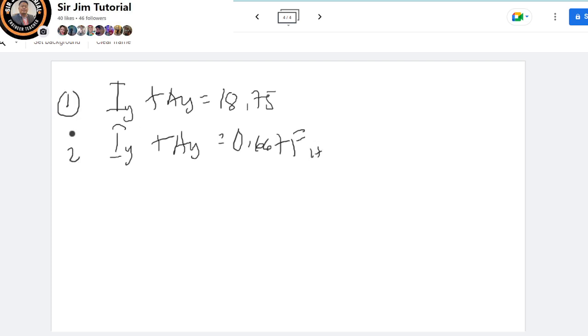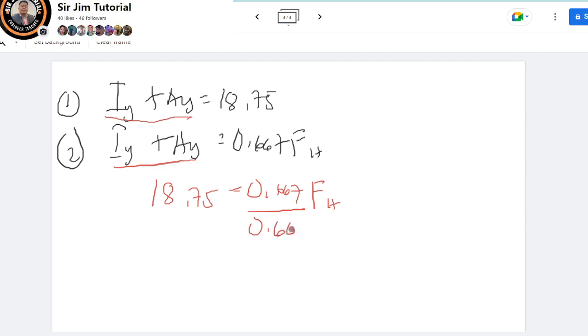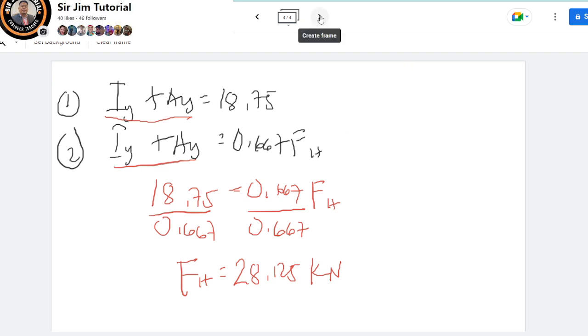One thing we can notice is that these two are equal. So we can just equate 18.75 to 0.667 FH. Divide both sides by 0.667, and FH can be calculated as 28.125 kilonewton.